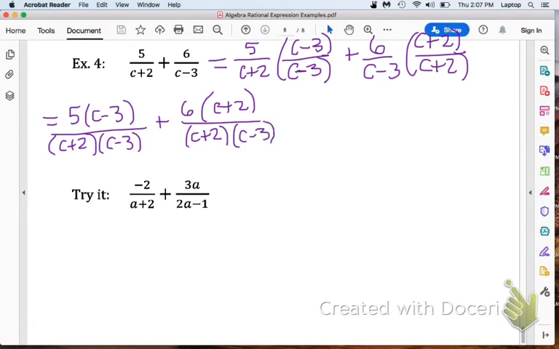And then let's go ahead and distribute. Let's distribute here and here, here and here, so that we can get some like terms and things like that.